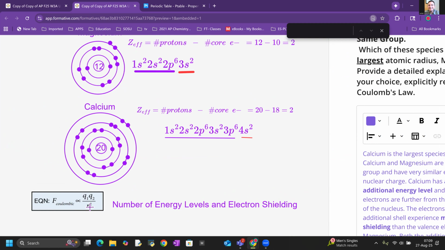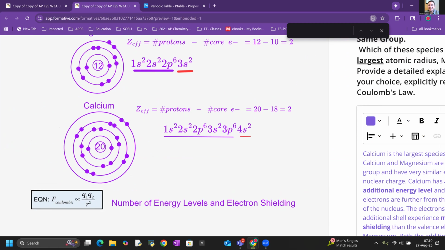So as the distance increases, the force of attraction decreases. If the distance is smaller, the force of attraction is larger. So they're inversely proportional in that way.